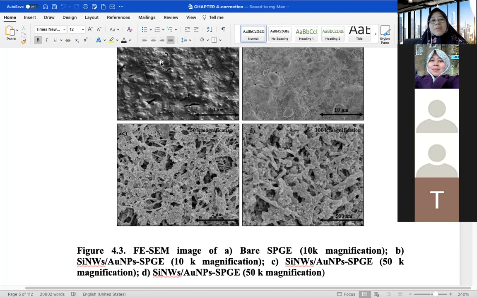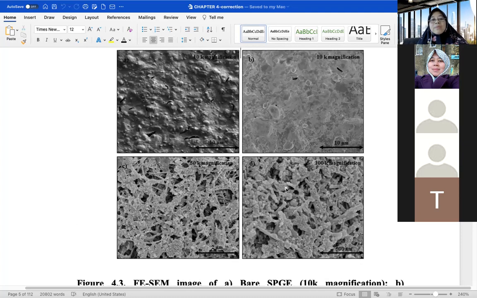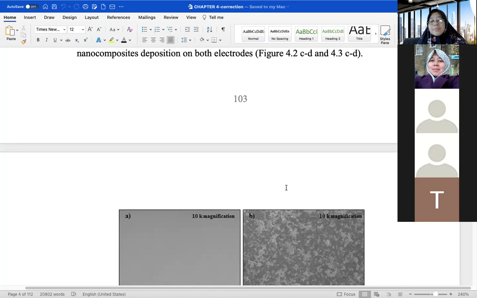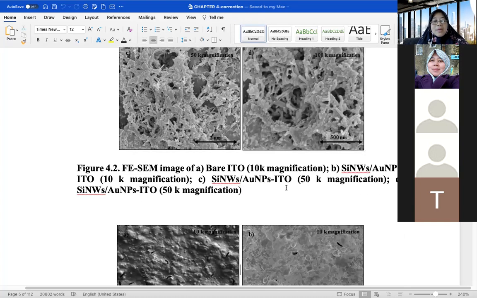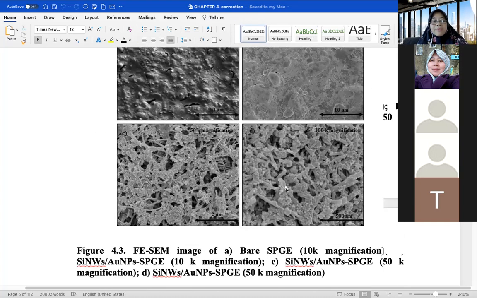You can see that the screen printed gold electrode surface is quite different from the ITO, because ITO is glass. And then when you have silicon nanowires and gold nanoparticles on top of the electrode, you can see that it's almost similar to the above, even though you are using different electrode. Okay, let's move on very fast.